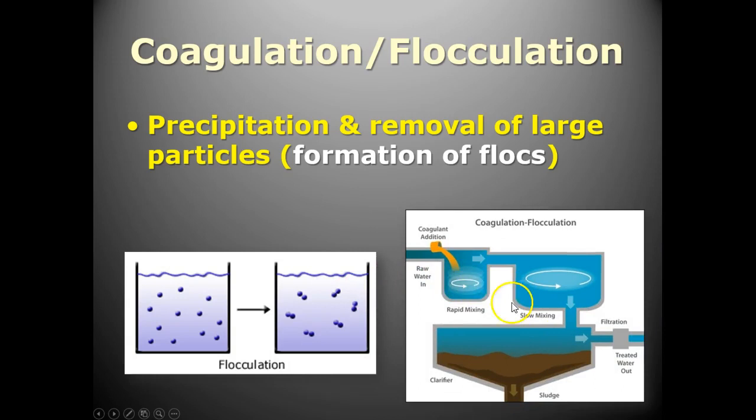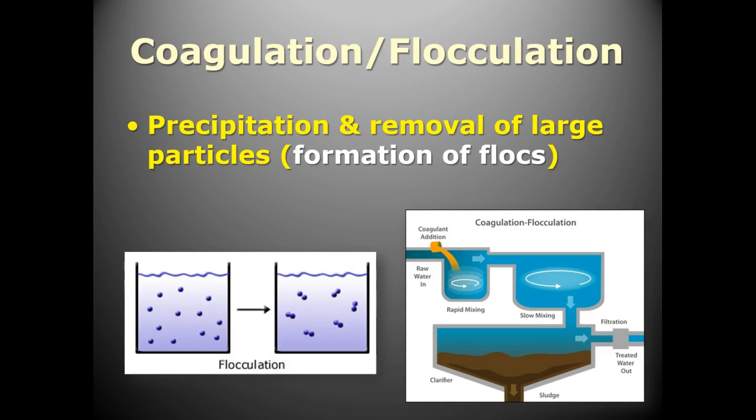So here they're showing you the water. They'll add the coagulant using rapid mixing because you want to get it suspended all throughout the water. And then that moves into another tank where the mixing is slowed down. At this point in time, they're not trying to agitate it so much.